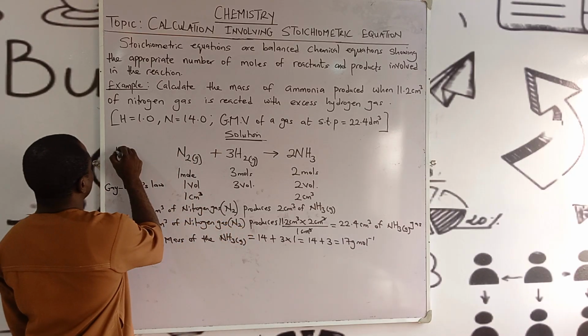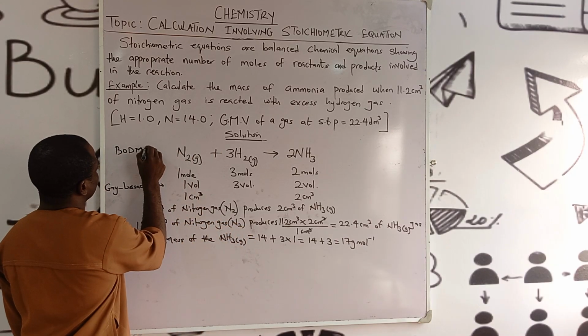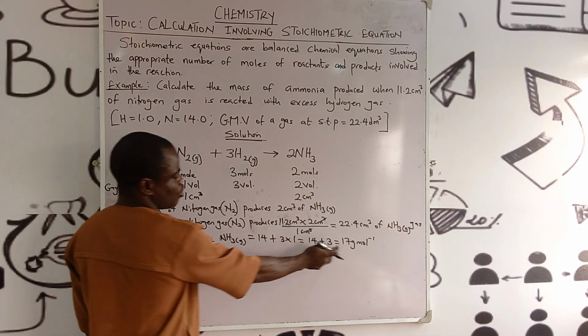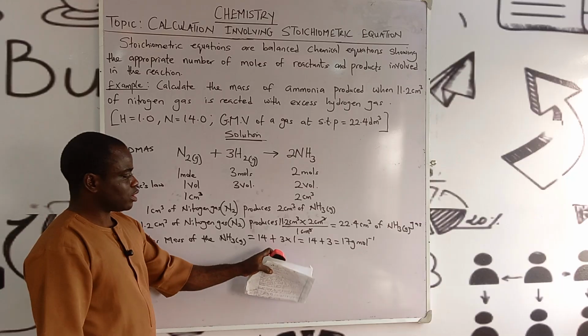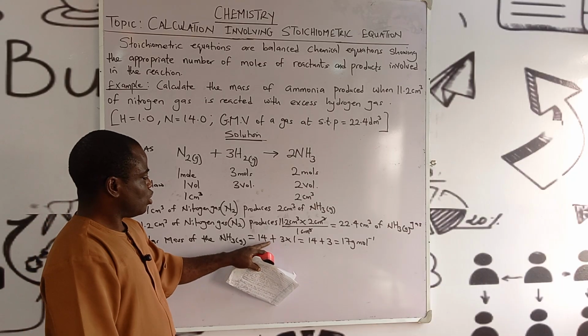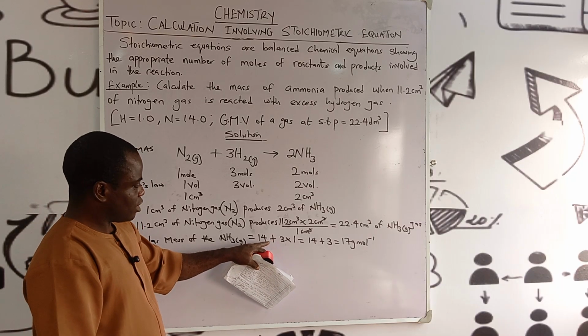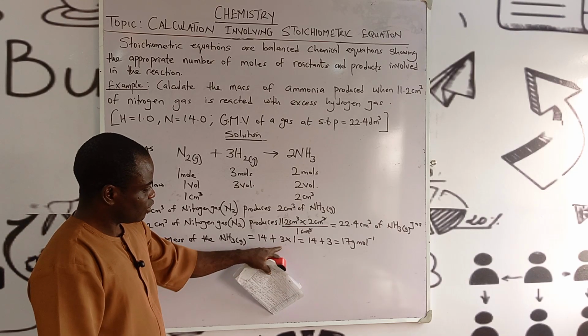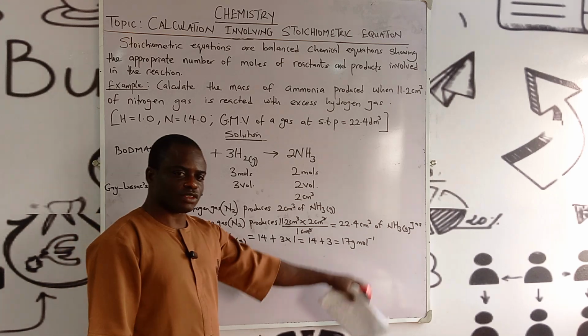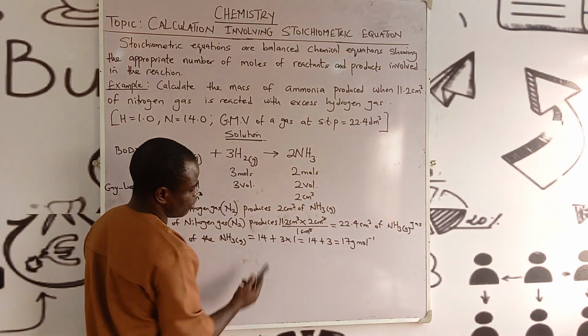Please follow BODMAS, multiplication before addition. There will be some cases in which, like in this case, when you say 14 plus 3, which is 17, it still gives you 17. But we have some cases where it won't work.